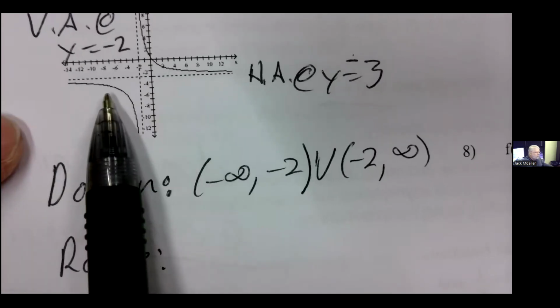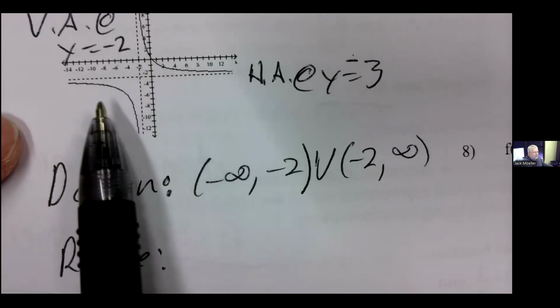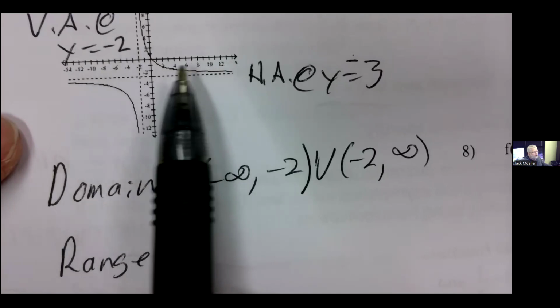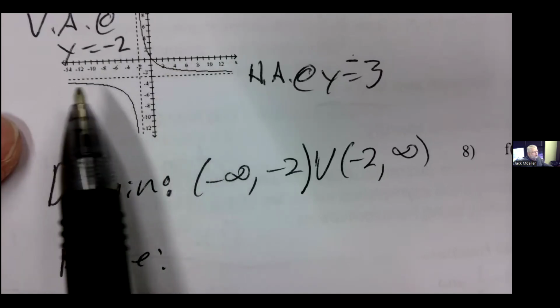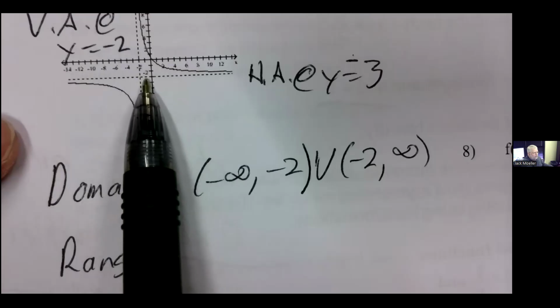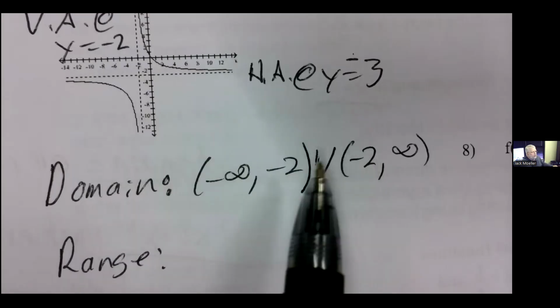But on here, neither of these cross the horizontal asymptote. It doesn't dip down and come back up. This one doesn't go above it and come back down. So this one's always above the horizontal asymptote. This piece is always below it. So that means there's no piece of the graph that ever equals negative 3 for y. Okay, so that means we have a gap. And so we have to do with our range just like we did with our domain. We need 2 pieces.